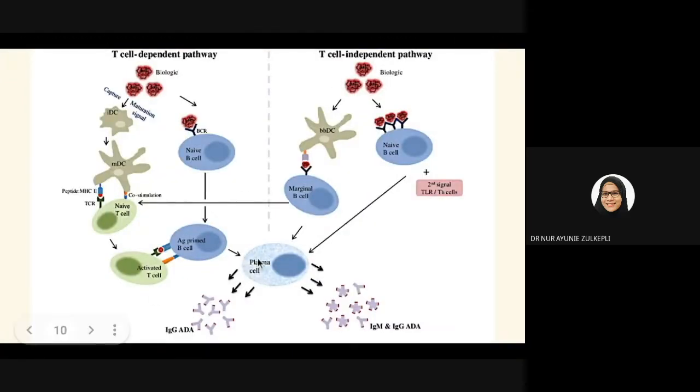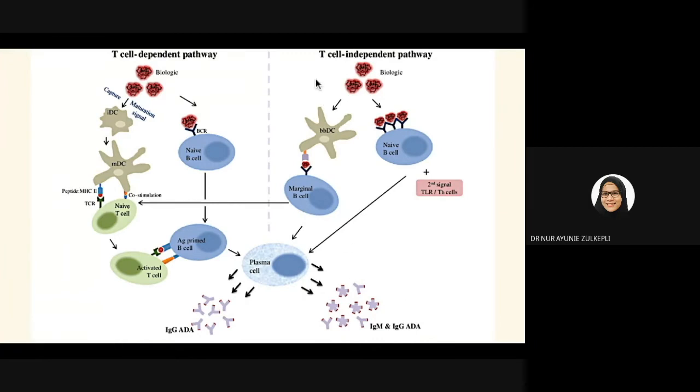So I put an illustration here. You do not have to know very comprehensively each of the steps that lead to the secretion of the antibodies. Just knowing the difference between these two pathways is already enough. For the T cell dependent pathway, it depends on activated T cells for the activation of the B cells, which later initiate proliferation and differentiation into plasma cells to release the antibodies.